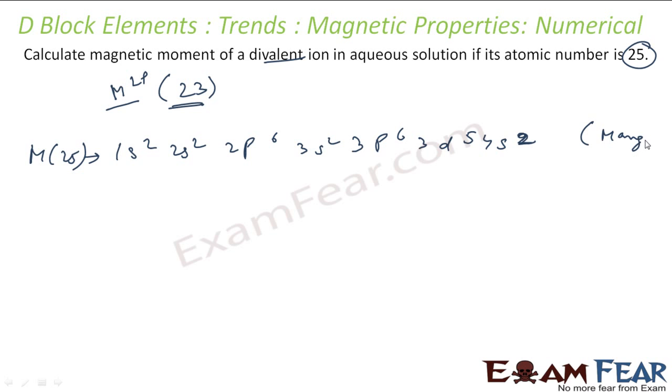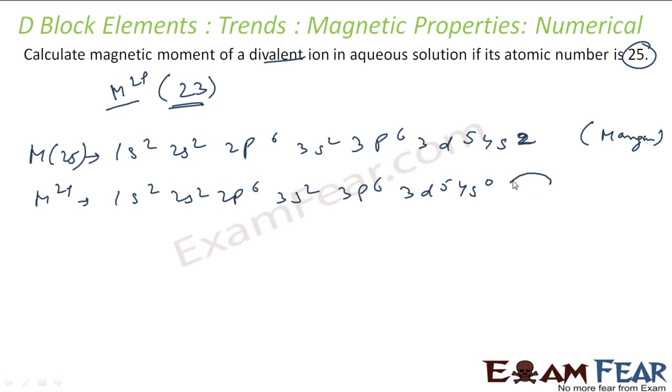So if we talk about M2 plus now, it will be 1s2, 2s2, 2p6, 3s2, 3p6, 3d5, 4s0. The electrons are plucked from the 4s orbital. This is the electronic configuration.